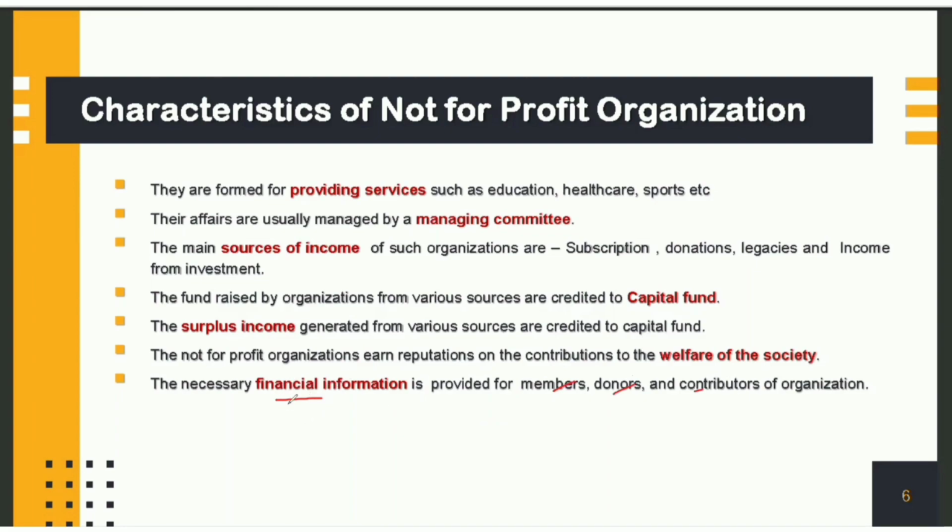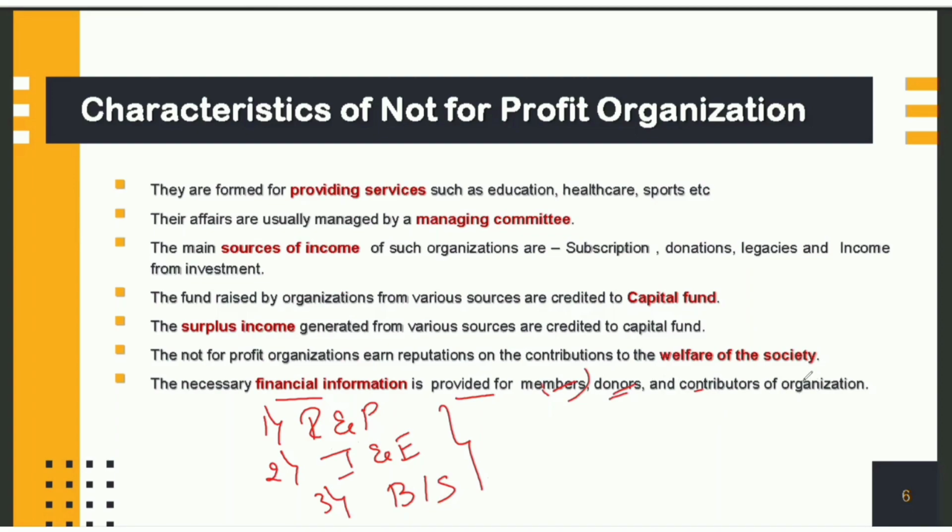The financial statements comprise, first, the receipt and payment account, second, the income and expenditure account, and thirdly, the balance sheet. So these are the three statements an NPO is supposed to prepare, and they are given to the members, donors, and the contributors of the organization.